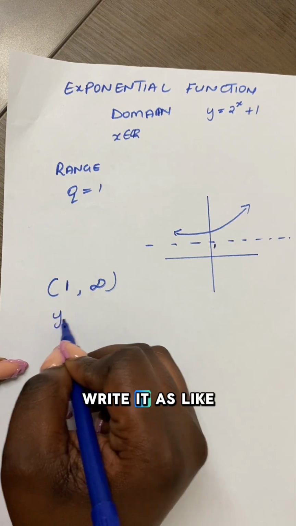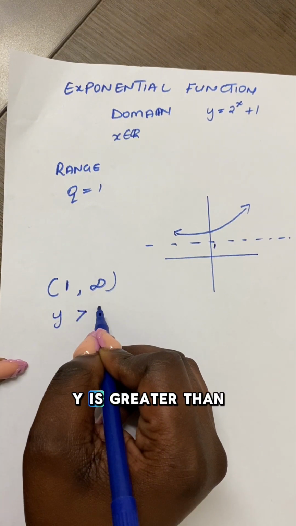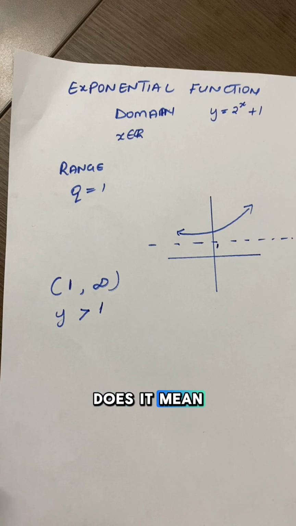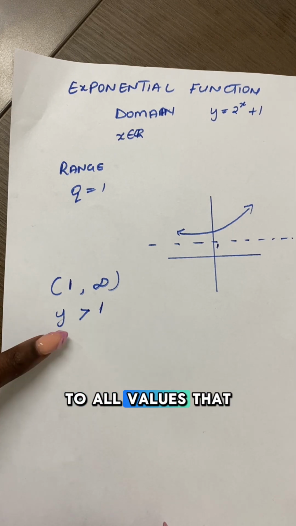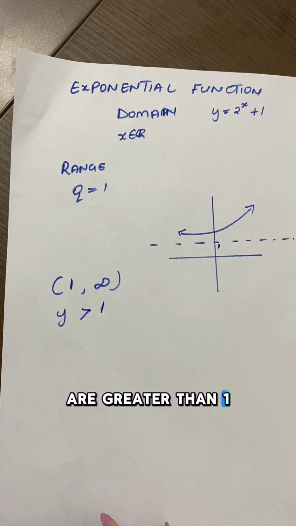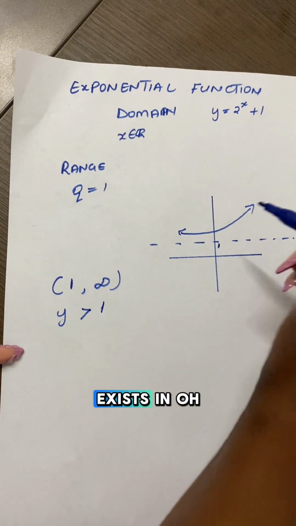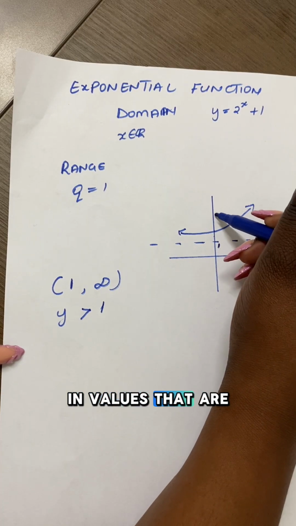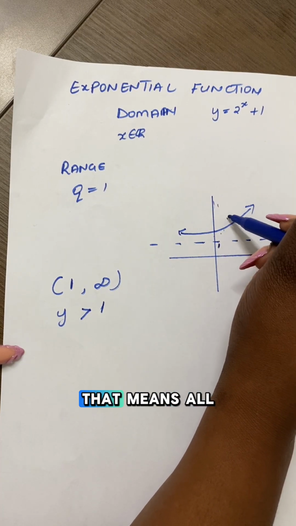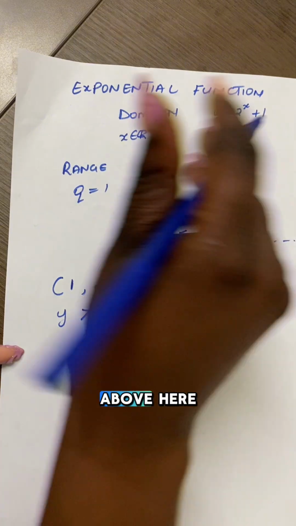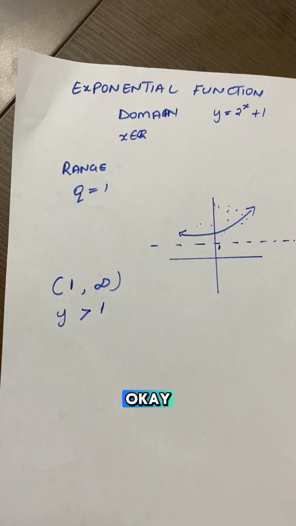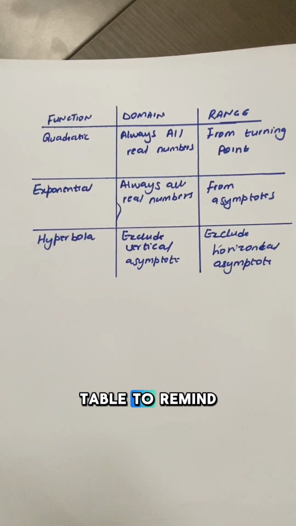You can also write it like this: y is greater than 1. It means that the graph exists at all values greater than 1 on the y-axis, all above here. You can use this table to remind yourself.